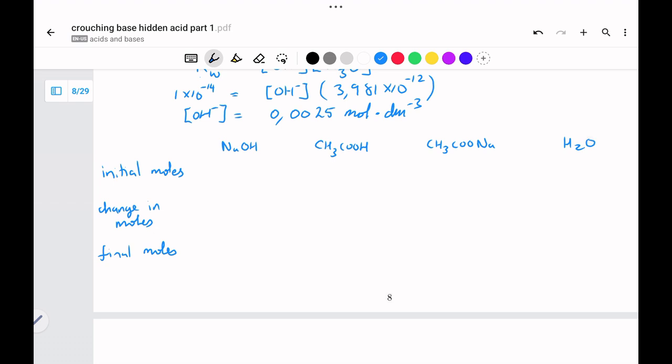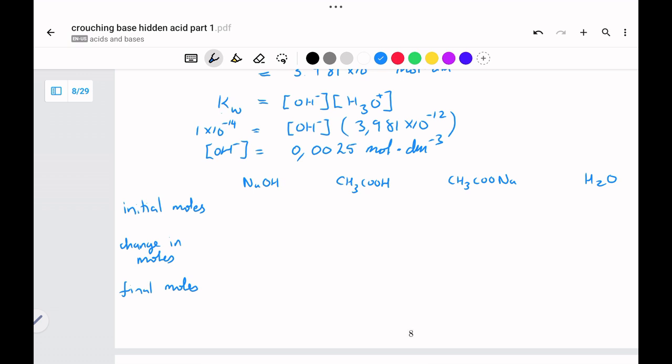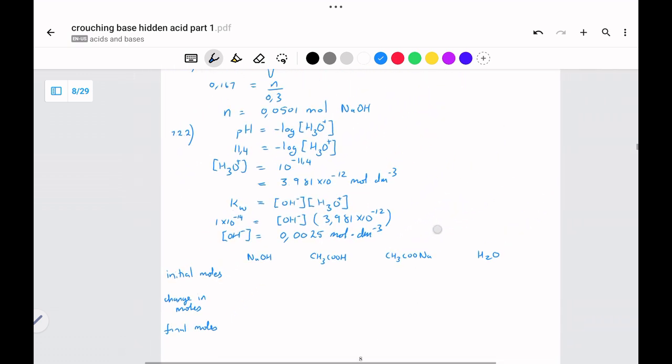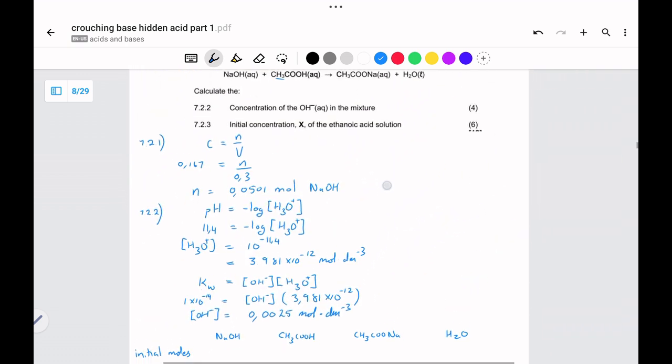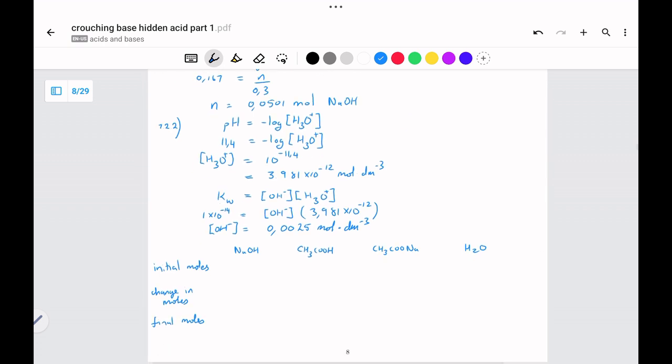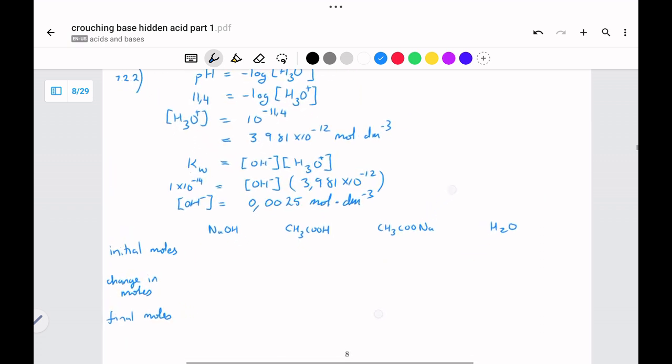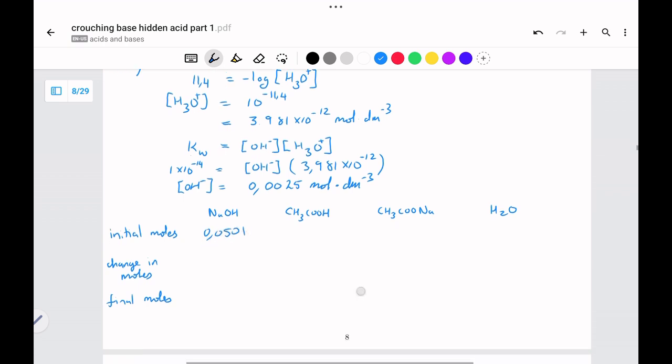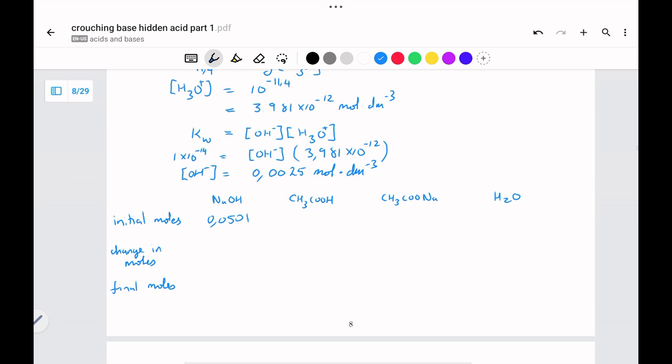Right. The initial moles of the sodium hydroxide, I have that, 0.0501, and I don't actually know the final moles for the sodium hydroxide.